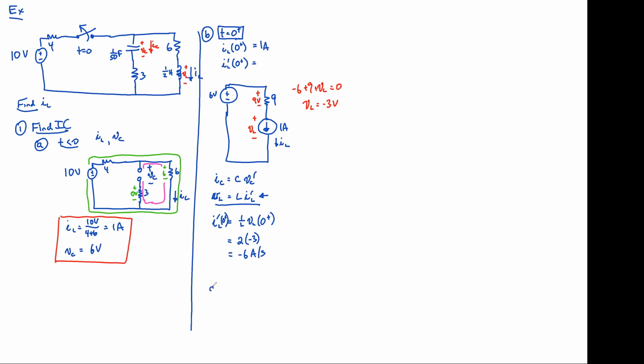Another way to look at it is that if you take d over dt of I, the units would have to be the units of current, which is amps, and d over dt, well, dt is seconds, so it's amps per second. So our answer is -6 amps per second, and now these are our true initial conditions. Questions about that step? So all that was just the homework.